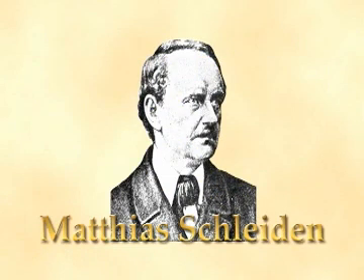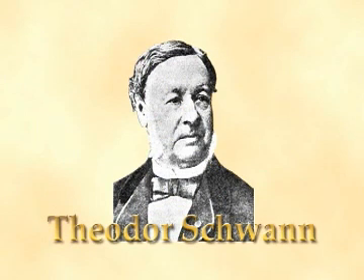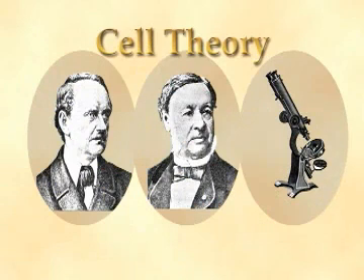Almost 200 years later, scientists began to realize that Hooke's cells were a part of all living things. Matthias Schleiden studied a variety of plant tissues and found that every type was made of many cells. Theodor Schwann found that all animal tissues were also made of cells. Schleiden and Schwann were considered to have begun the cell theory.